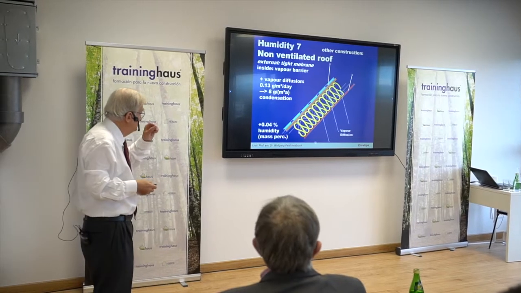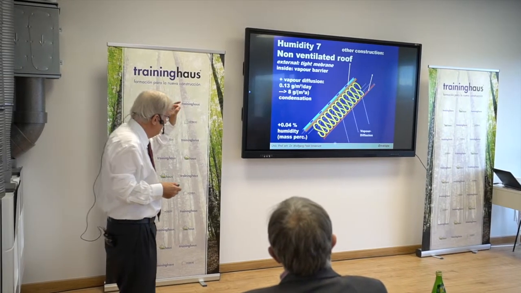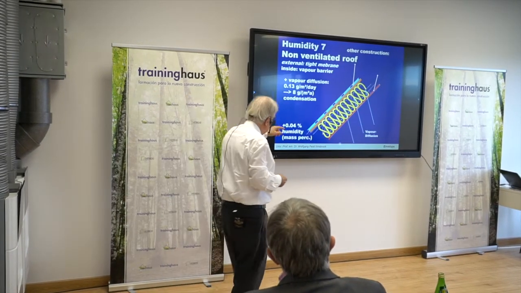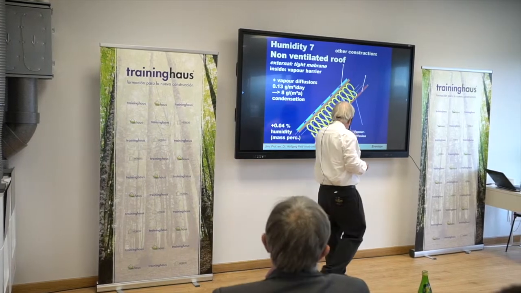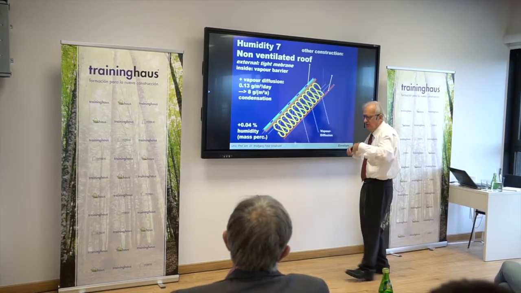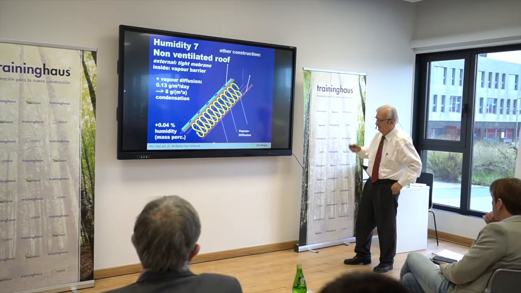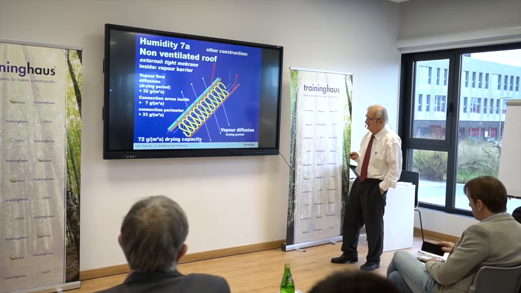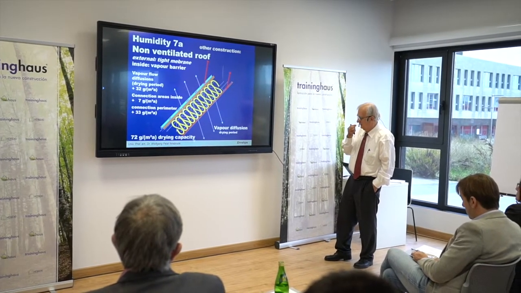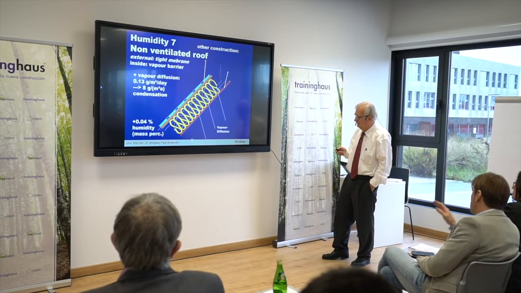I'll show you, as long as the transport of water diffusion from the inside, or all the water coming from the inside, is really low. Yeah, that's the condition. It has to be really low. So it has to be, of course, very airtight, and it has to be, of course, also reduced in water diffusion.